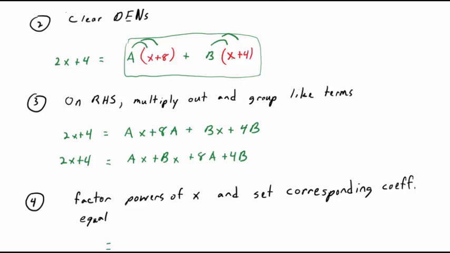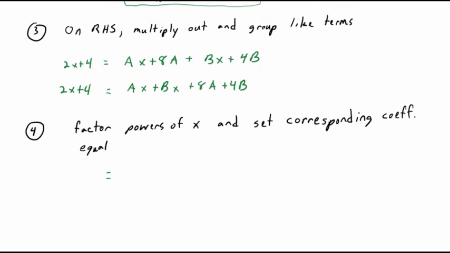Okay, so back to green here. Left-hand side doesn't change, 2x plus 4. Right-hand side, ax plus bx. Let's factor out the x. X times the quantity a plus b. But I'm going to write it as the quantity a plus b times x, because a plus b we can think of as the coefficient of x.